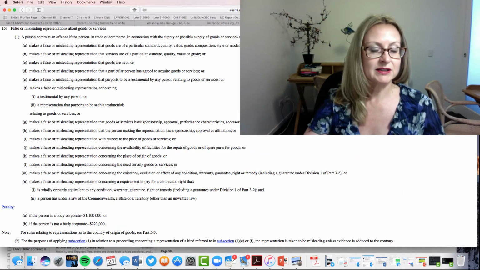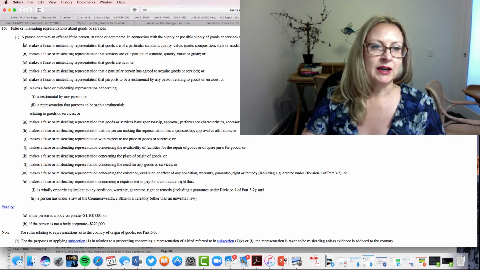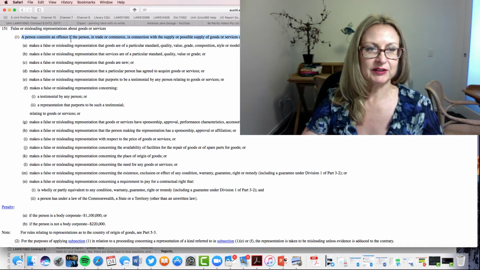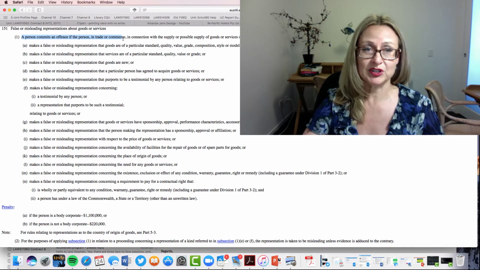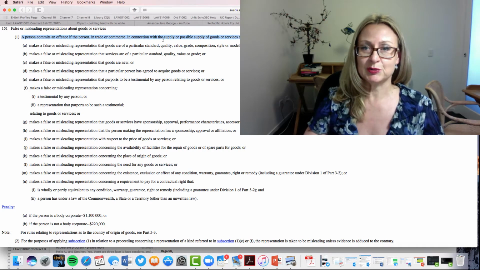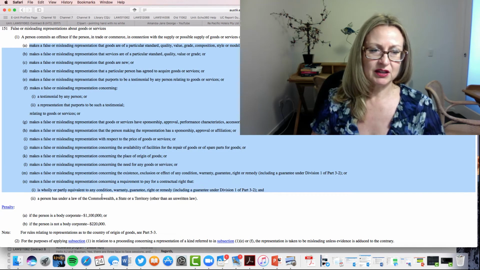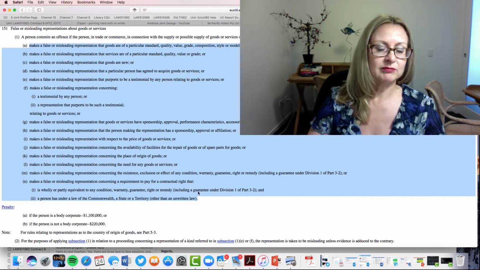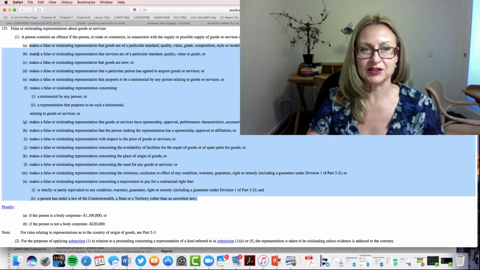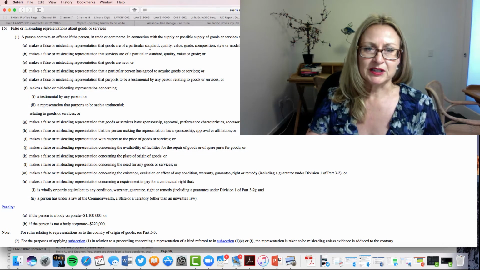And here we are at Section 151. You can see a person commits an offence, that is a criminal offence, if the person in trade or commerce, in connection with supply or possible supply of goods or services, does any of these things involving false or misleading representations. Goods are a particular standard, quality, value, grade, and so on.